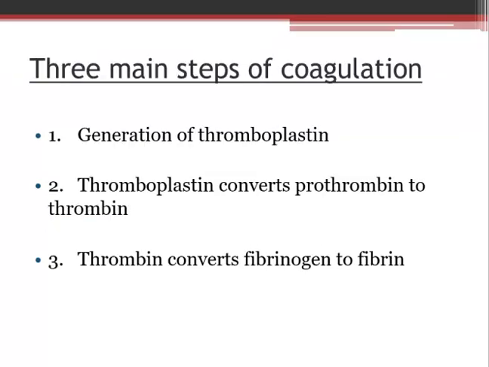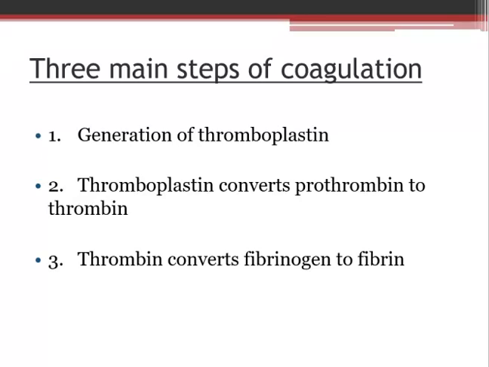Before we get into the details of each of the different pathways for the coagulation cascade, there are three main steps of coagulation. There's generation of thromboplastin, and in the intrinsic pathway, this happens with factors 11 and 9. In the extrinsic, this happens with factor 3.